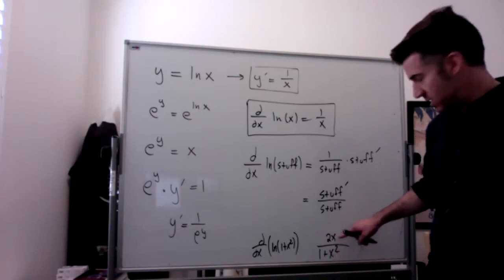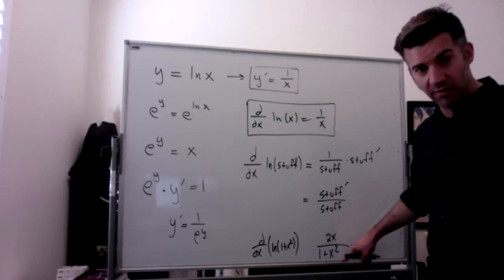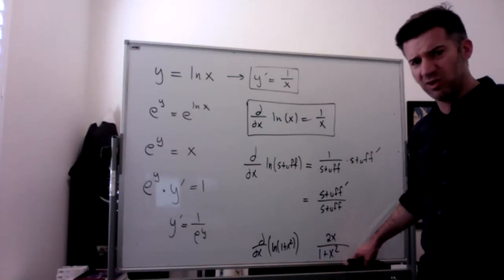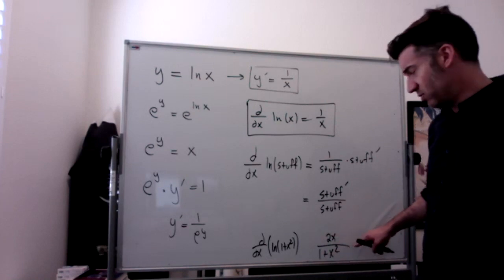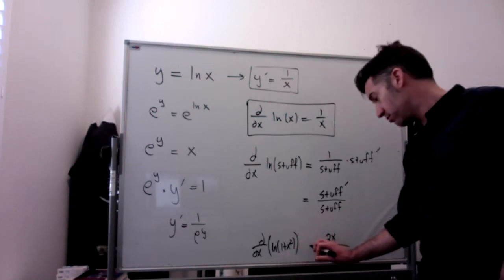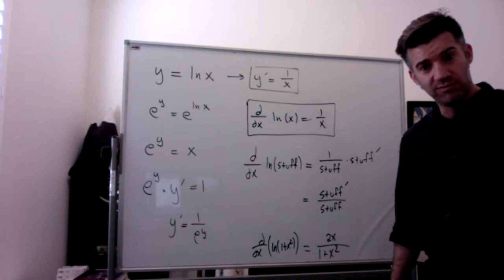So if you can see that the top is the derivative of the bottom, you can be like, oh, the function we took the derivative of to get this was probably the natural log of the bottom. Kind of cool. It comes up a lot, actually.